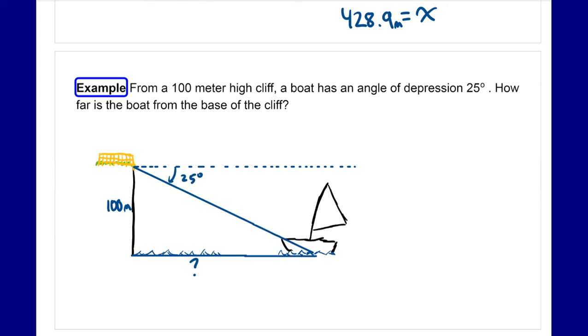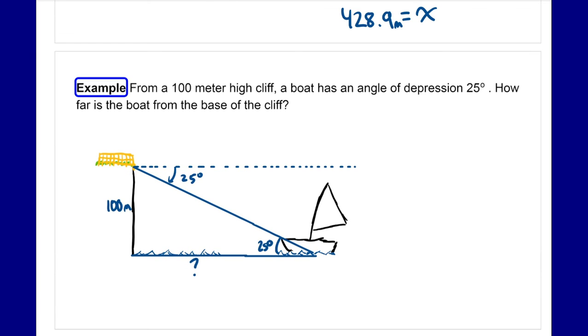So there's a couple things you could do. You could use what we see as the Z pattern to figure out that this angle down here is also 25 degrees.